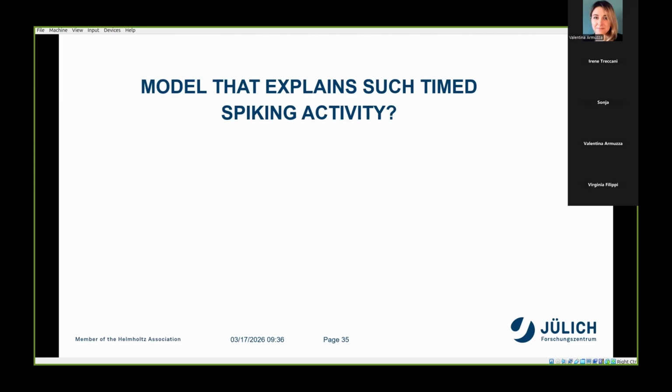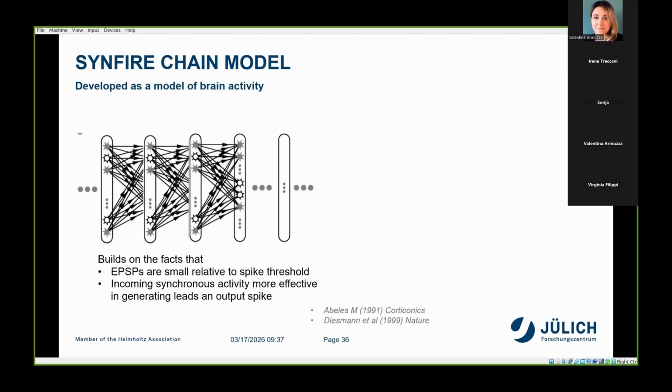Okay, now let's go to a model. I tell you what I was interested in. In the neurosciences, pretty early on, Moshe Abeles developed a model which explains the high connectivity, convergence, divergence.